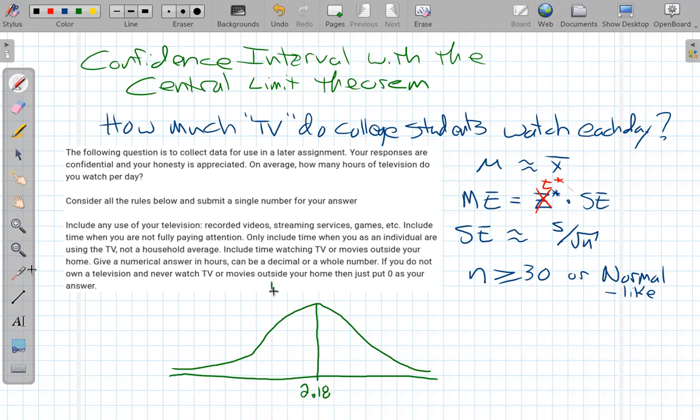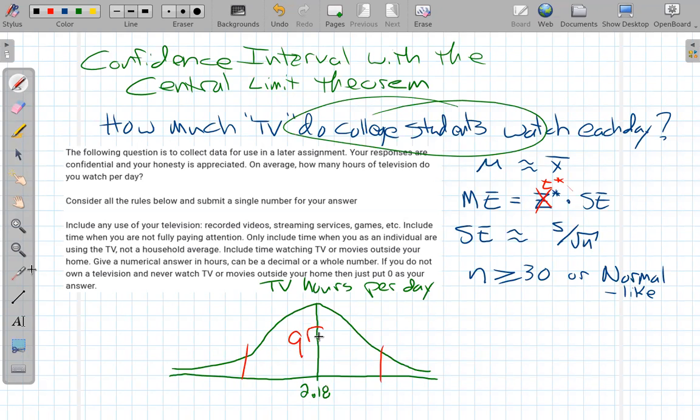So again, this is TV hours per day for all college students. We are going for a 95% confidence interval. So we put 95% of similar samples in the middle there. And according to our spreadsheet calculations, we get about 1.80 as the lower estimate and 2.55 as the upper estimate for hours per day.